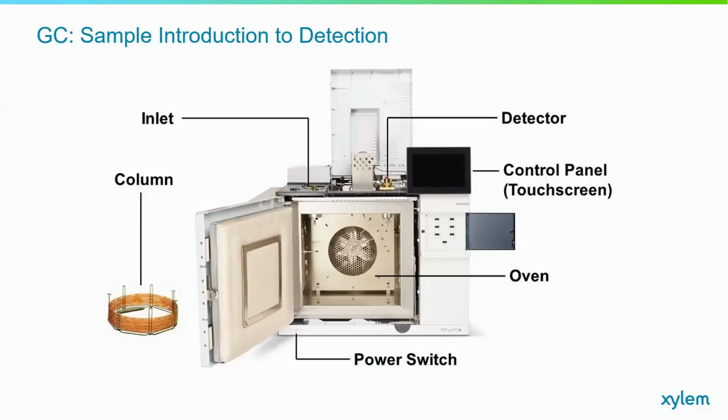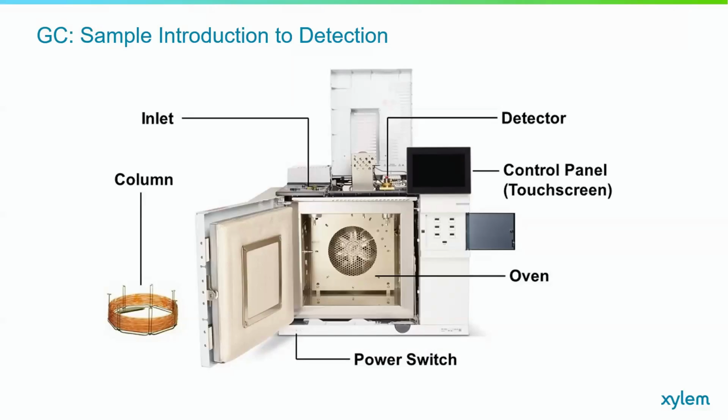These compounds elute across the column, and how long it takes them to interact with the column, also known as the stationary phase, is known as their retention time. Each of these compounds has a different retention time. They move across the column towards the detector, and eventually pass from the column as part of the GC effluent onto the detector.